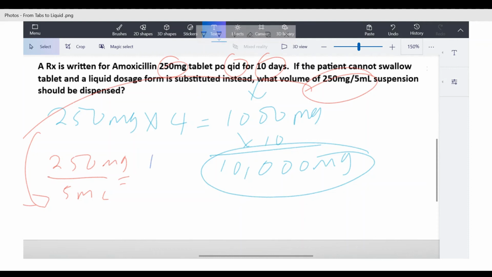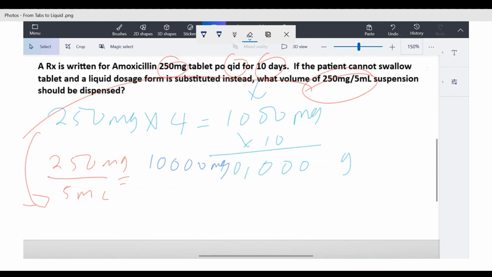Whatever unit we have has to be parallel to the unit on the other side as well. Sorry, a lot of zeros here, and forgive me, it looks like I'm running out of space.